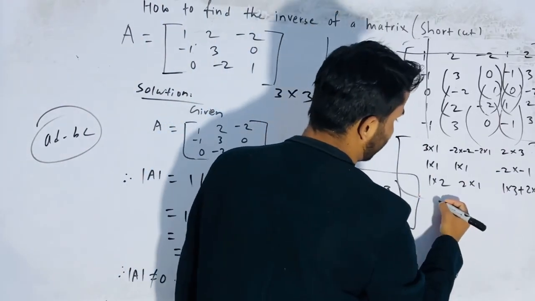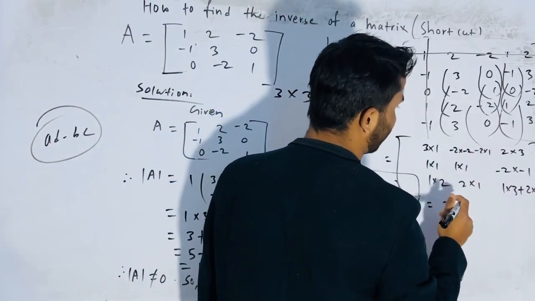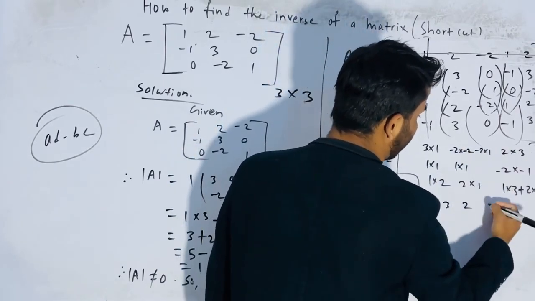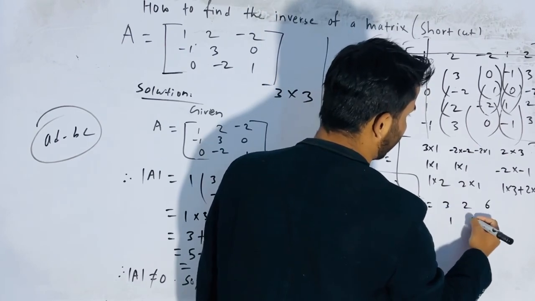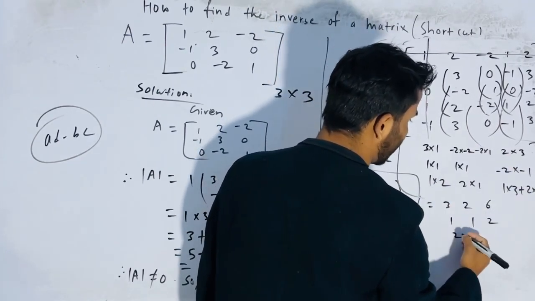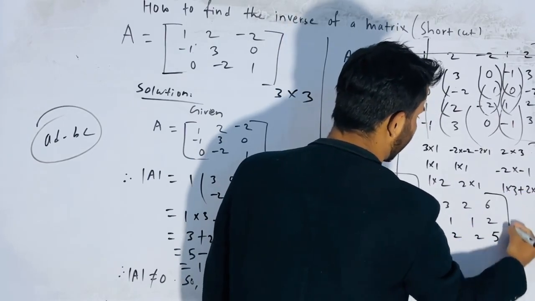Now let's see here. So what it becomes? It becomes 3, then minus into minus becomes 4, and 4 minus 2 becomes 2. 2 into 3 becomes 6. Now 1 into 1, minus 2 minus into becomes plus 2, then 2, then 3 plus 2 becomes 5.